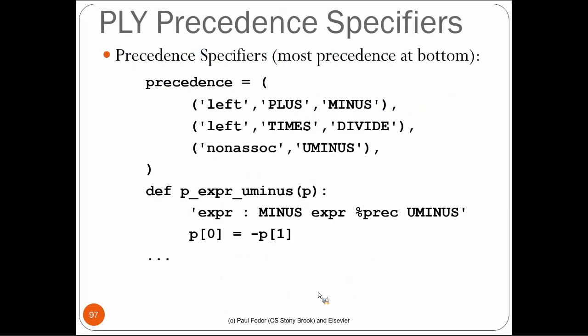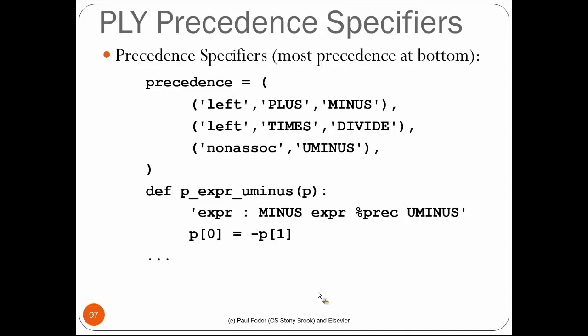Now, we can write grammars that are unambiguous. Basically, we can write unambiguous grammars without needing precedence by writing a lot of rules. But in most cases, we would actually do exactly the ad hoc thing that we mentioned earlier. We would use some precedence table that defines what is the precedence of every operator, and then we would use that precedence table to find the first rule that matches a given input in the input stream.